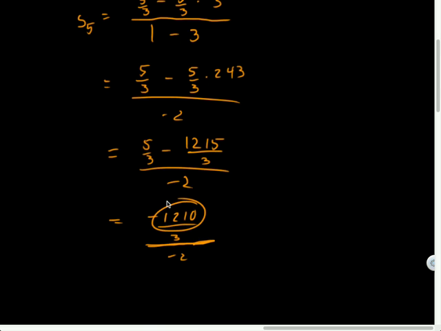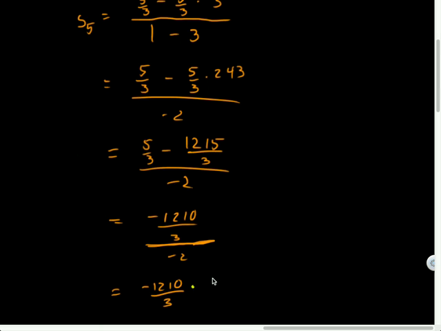Is this number divisible by 3? No. How would you know? Because the digits don't add to a multiple of 3. Right. 1 plus 2 plus 1 plus 0 adds up to 4, which is not in and of itself divisible by 3, so I know that's not divisible by 3. How do I deal with this fraction? Multiply by negative 1/2, the reciprocal of the denominator.